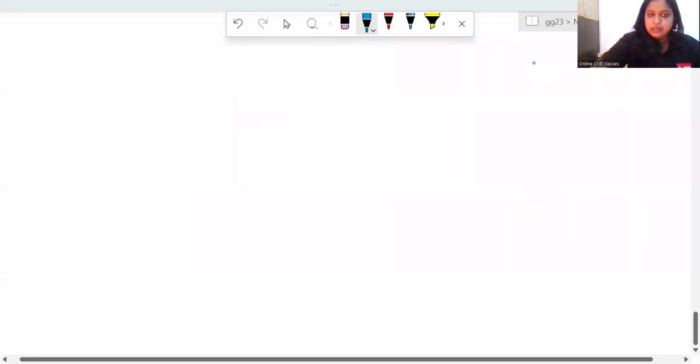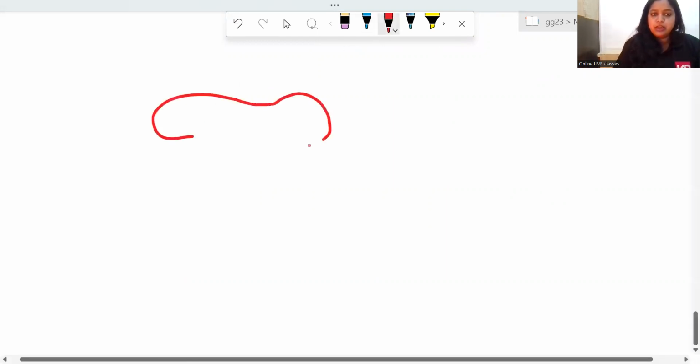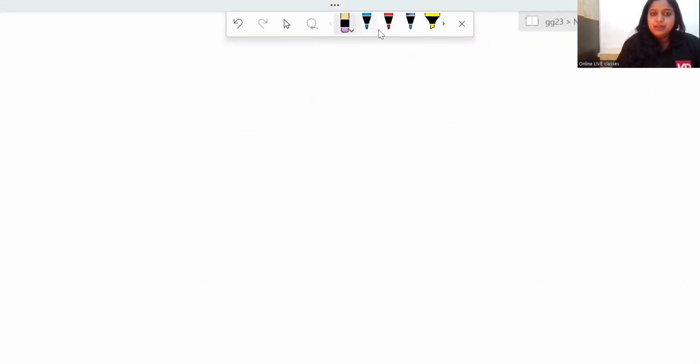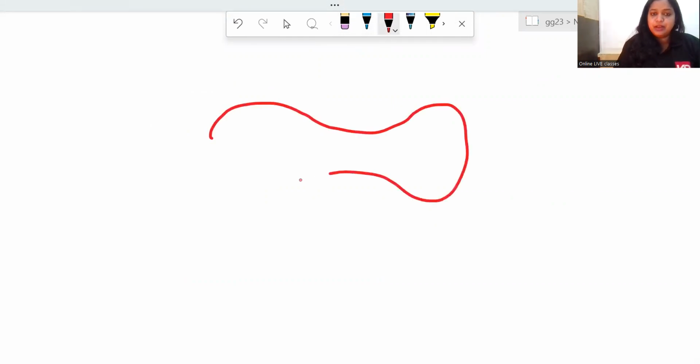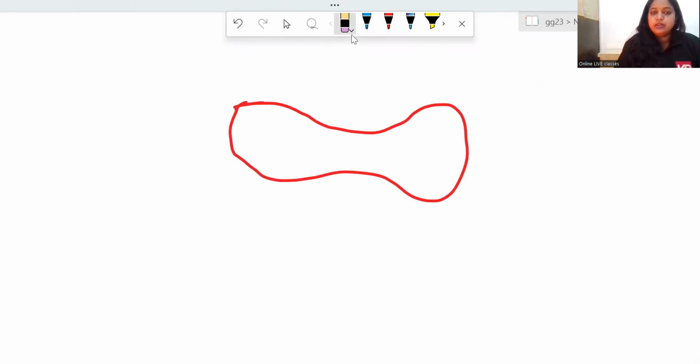Okay, now let's see the next question. Next question is another structural geology question. Here they've given a picture. I'm not a good drawer, but I somewhat managed to draw it.